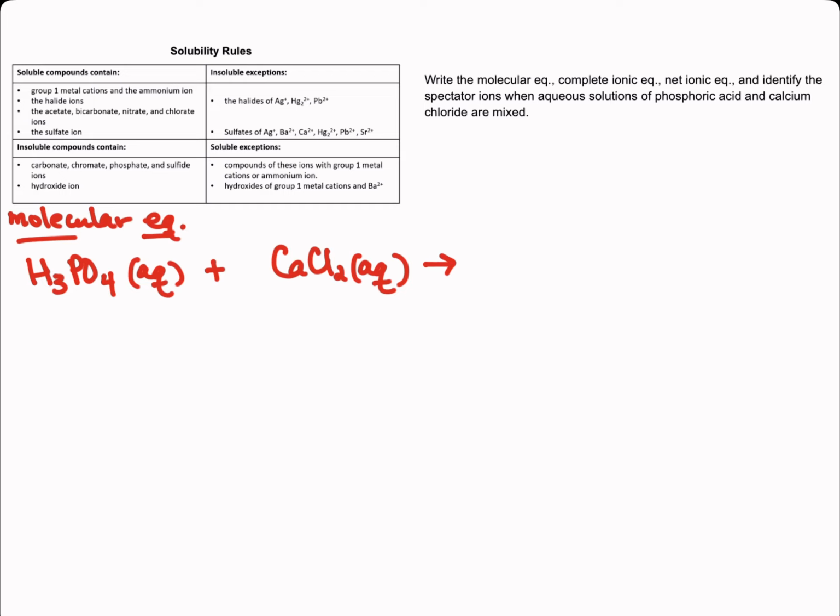So this would be phosphoric acid, and calcium chloride is calcium. And you can do this on scrap work. You want to go ahead and pair them up.